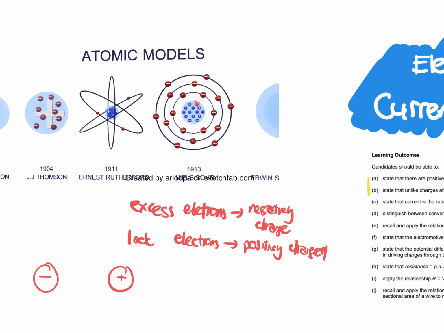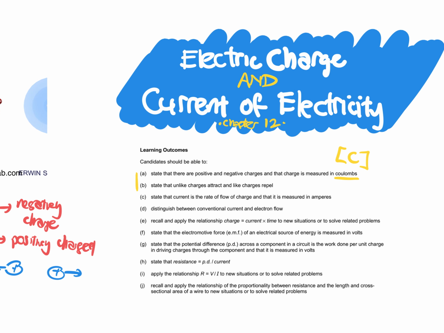Unlike charges will attract. And of course, if you have like charges, let's say both are positively charged or both negatively charged, they will, oh dear, they will repel, right? So that settles this first part: there are positive and negative charges, they are measured in coulombs, and unlike charges attract, like charges repel.